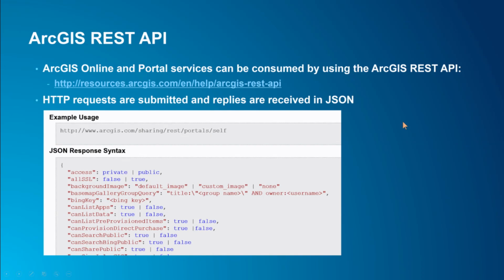Back to the slides. So here is an example usage of an HTTP request. This is a portal self request, so that gives me information about the portal. And then what is returned is a JSON response. So this is the JSON format.